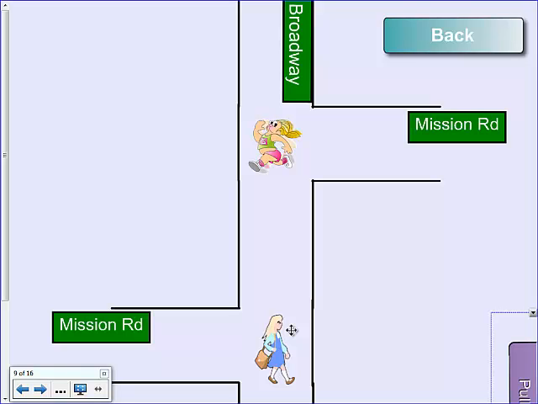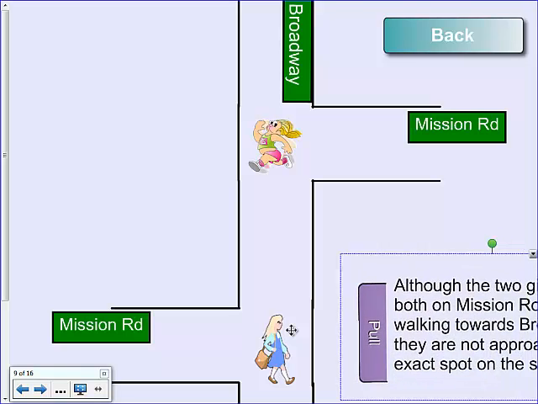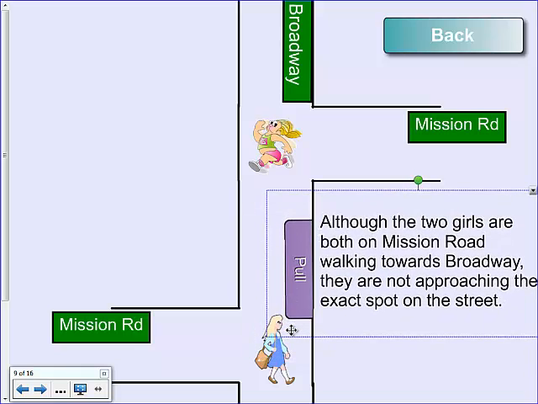This is the same kind of thing. There would not be a limit here. Although your two girls are both walking on Mission towards Broadway, they're not approaching the same spot on the street. Therefore, much like if I have a graph that looks like that, there is no limit at that x value.